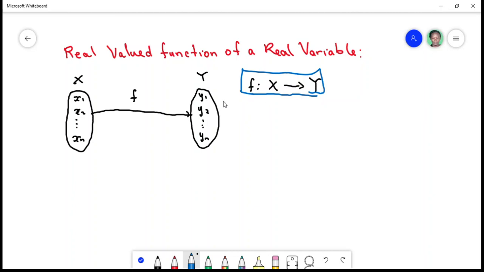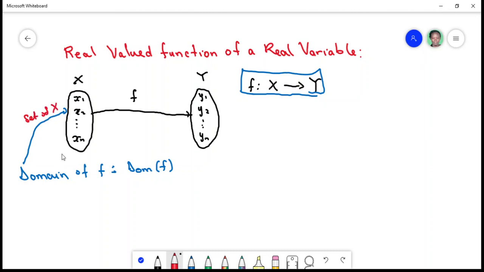What do I mean when I say domain? When I talk about the domain of the function f, which is normally represented as the dom of f, we are saying that the domain of f is the set of x.